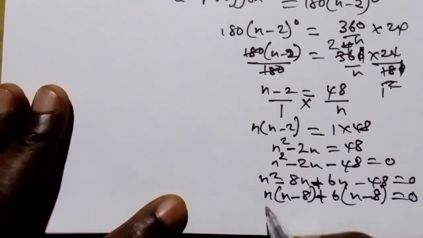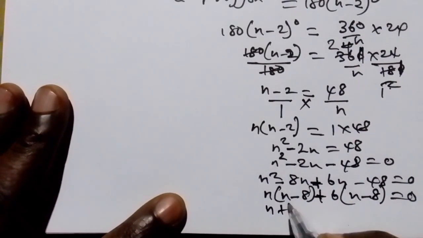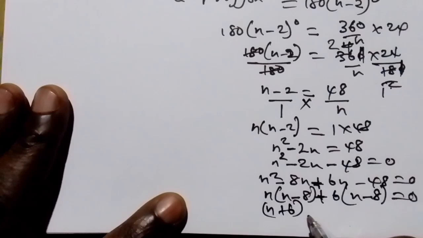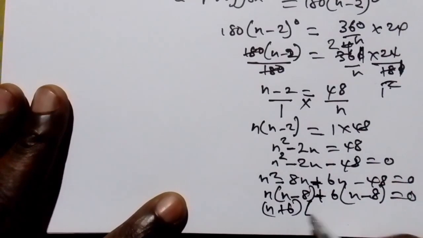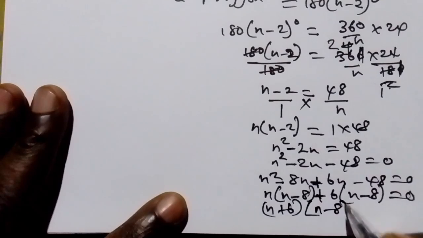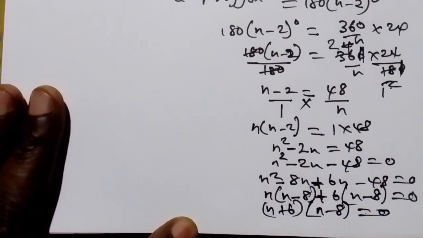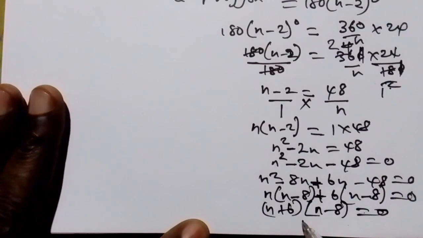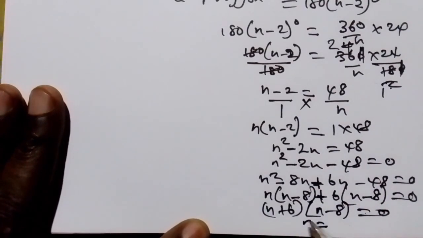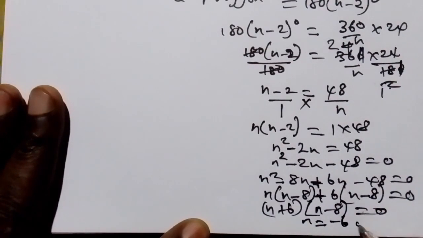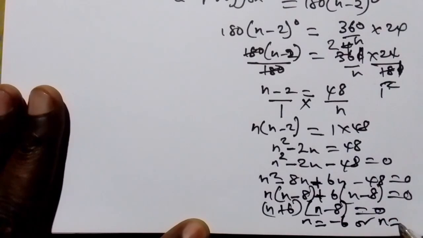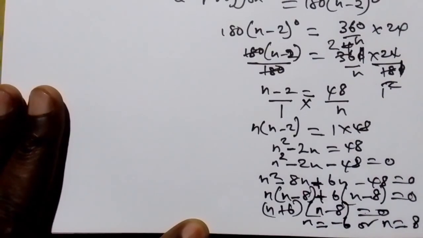So we can say n plus 6 into bracket n minus 8 equals 0. n is equal to negative 6, or n is equal to positive 8.